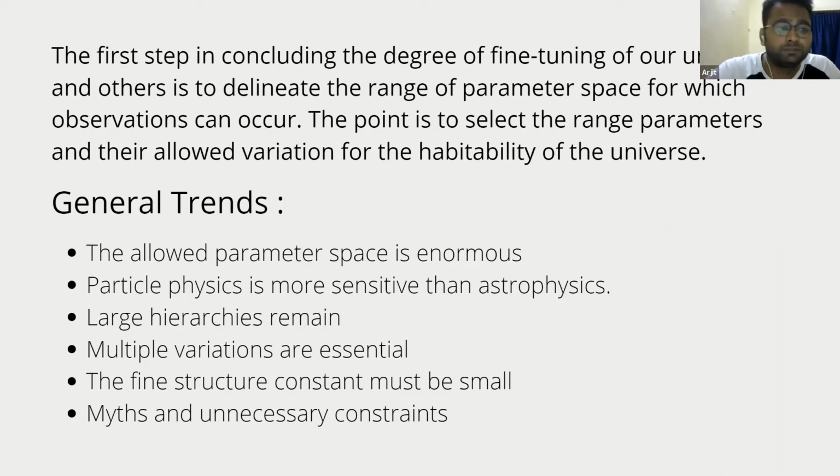Coming to the next point, the fine structure constant must be small. Although the value can vary over a broad spectrum, several independent lines of argument have concluded that the fine structure constant must always remain less than unity. And we have already seen it many times in the graphs.